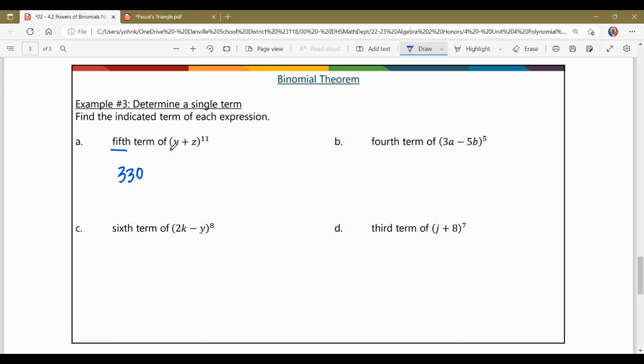Then I'm going to take y and I'm going to take it to the 11 minus 5th power plus 1. The power of the binomial minus the space that I'm in plus 1.